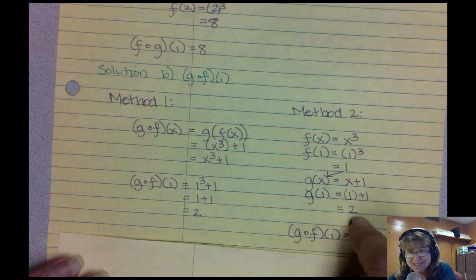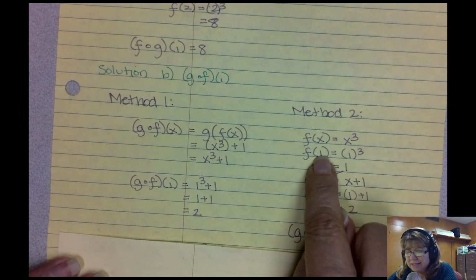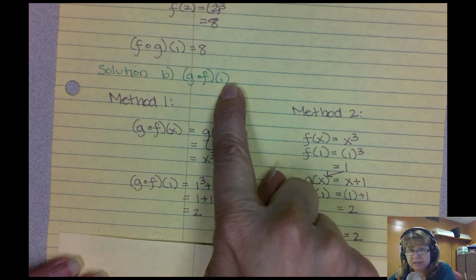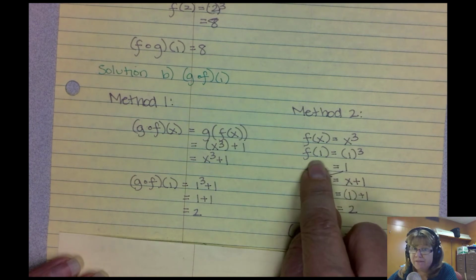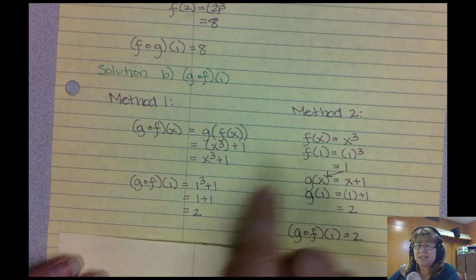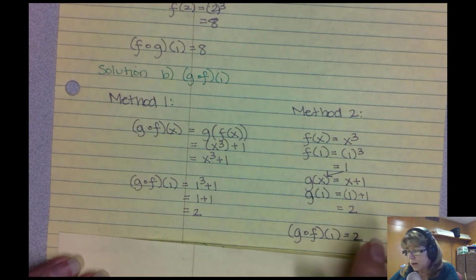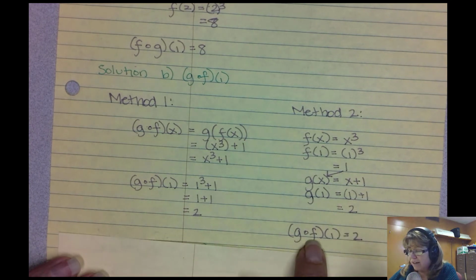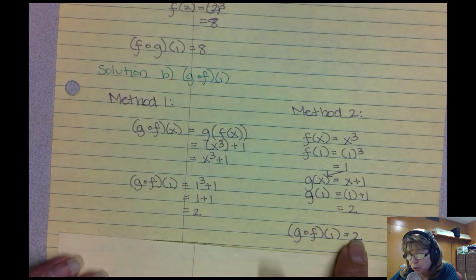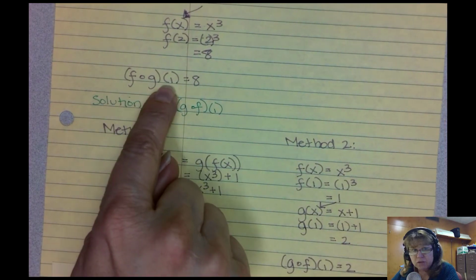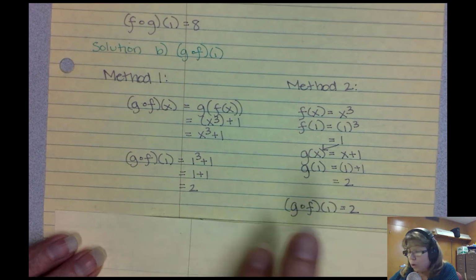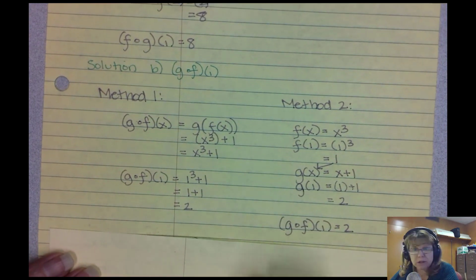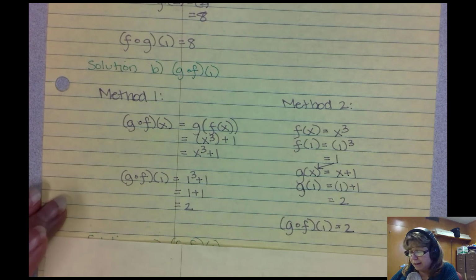I want to stress that this 1 is a result from doing f of 1. So g of f at 1 is 2. You notice f of g of 1 is 8. G of f of 1 is 2. Order matters. They're generally not going to be the same thing.